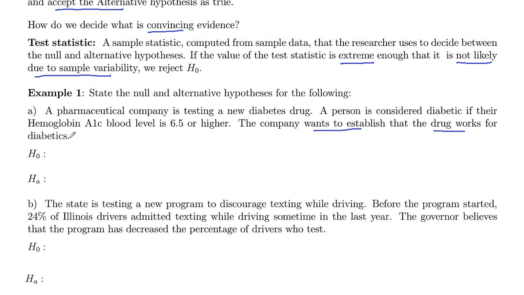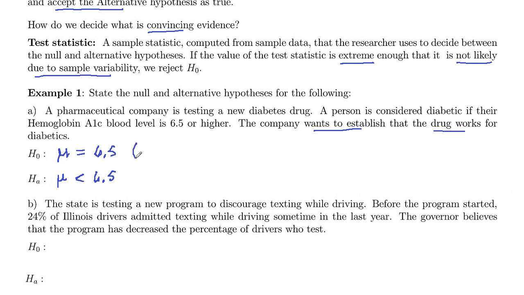If it works, that means it's going to lower this blood level. So start with our HA, what we're trying to show. We will try to show that the mean blood level for the population that gets this drug, mu, is less than 6.5. If that's not the case, then we'll accept the default value, mu equals 6.5.